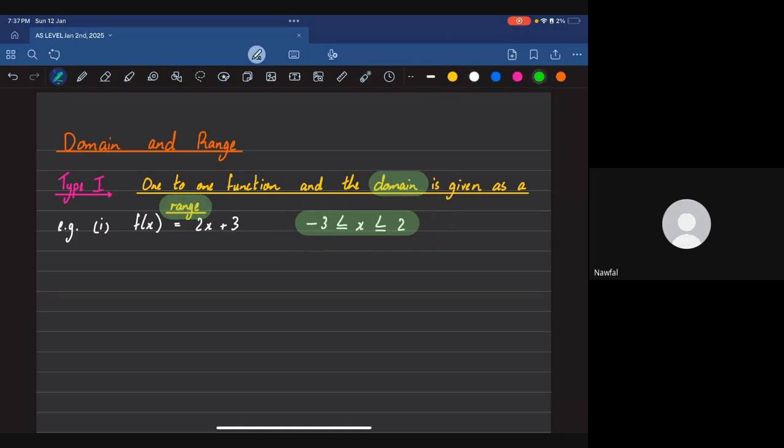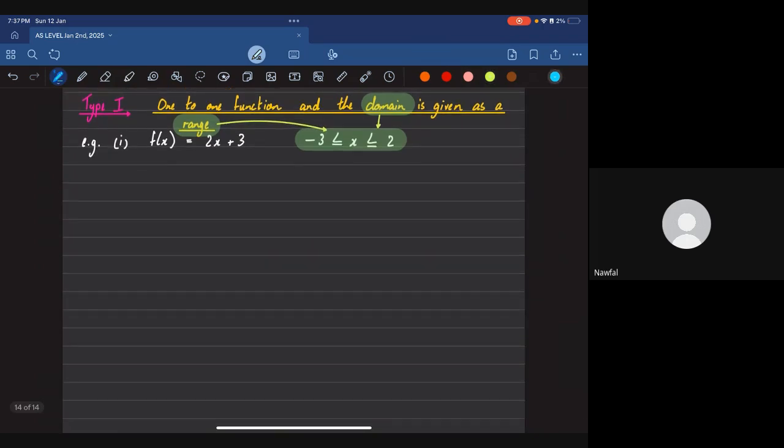This is what I was referencing as the domain given as a range. Not as in the domain and range, but the domain itself is given as a range of numbers from minus 3 to 2. So this is my domain and it's given as a number. What will you do?